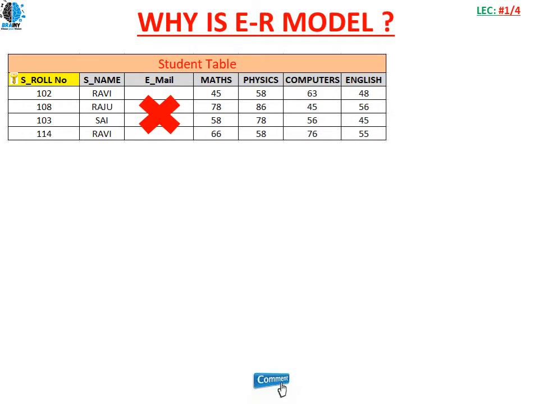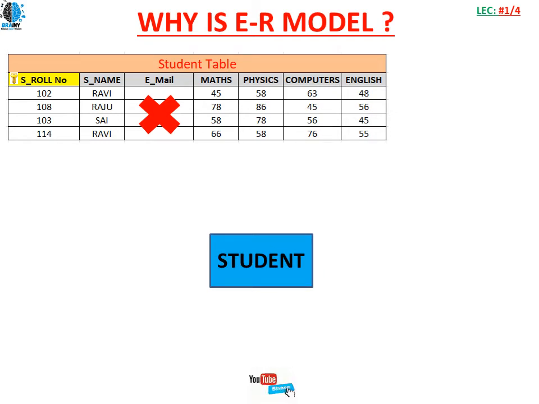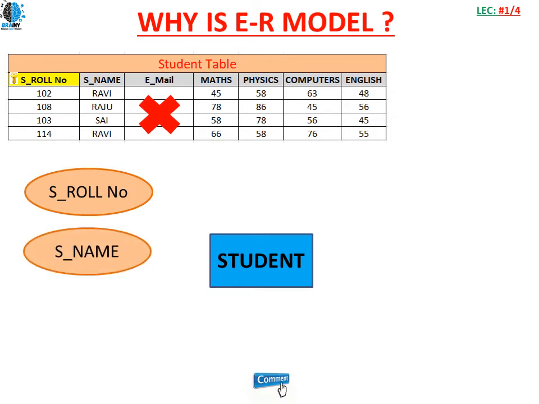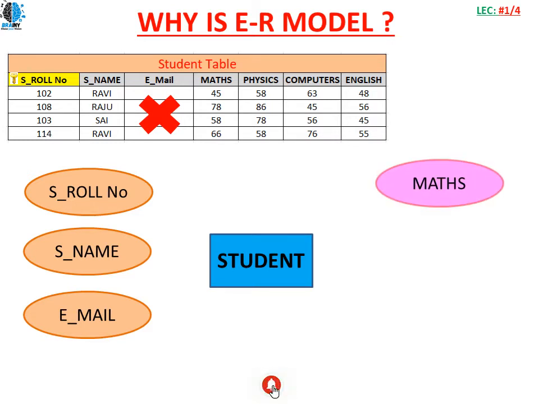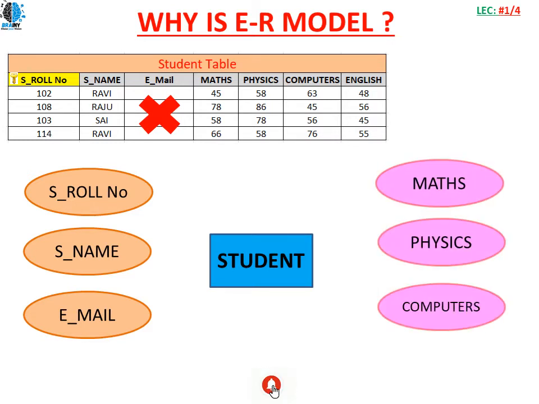Let's see how our ER model will look. Let's consider the same thing. This is a student entity. In tables, it will be called the student table. In the ER model, student will be called an entity. With respect to this entity, I have a roll number, a student name, an email address, and subjects mathematics, physics, computers, and English.